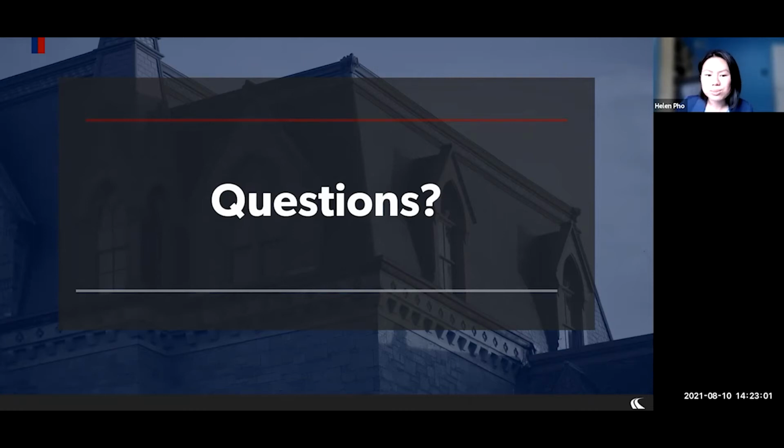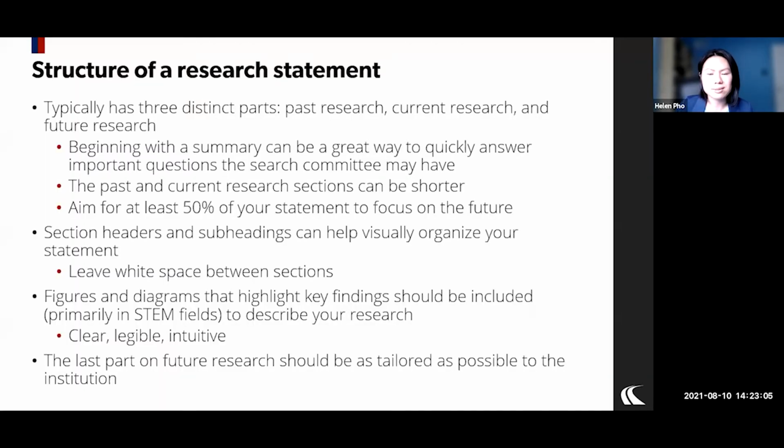So I'm going to move on to talking about the structure of this research statement document. Typically on a research statement, there are three distinct parts: the past research, the current research, and the future research. I think that beginning with a summary can be a good way to quickly answer some important questions that the search committee might have.